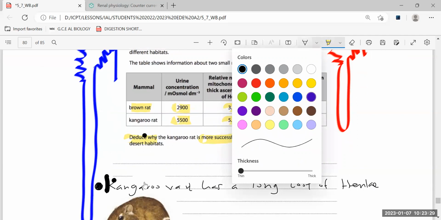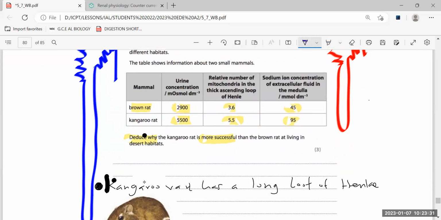Even though in this question it is not mentioned to use the data in the table, of course we have to use the data in the table, because the question is given with it.